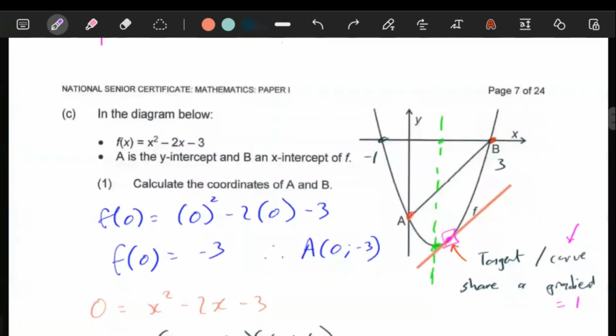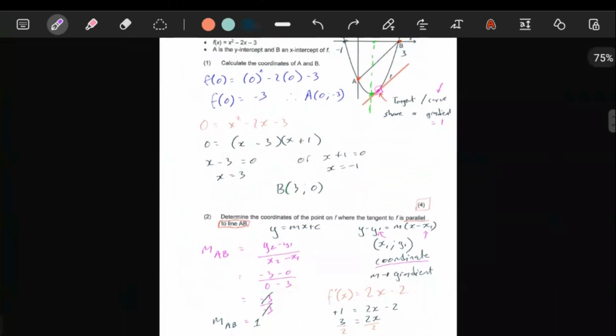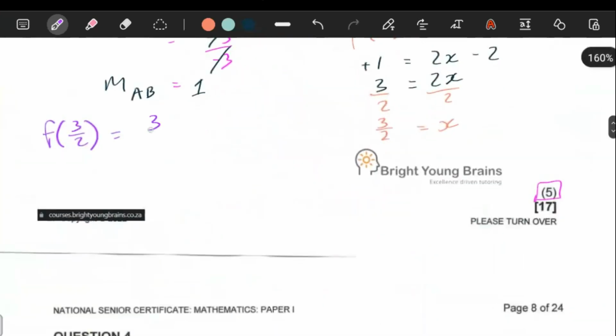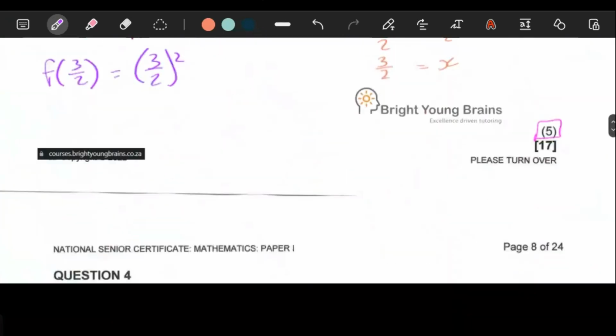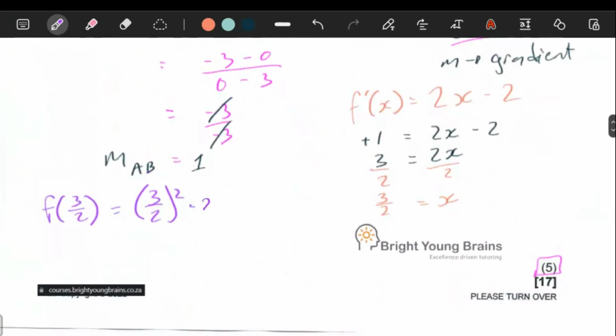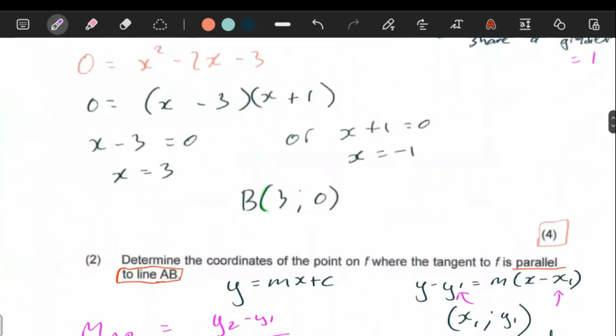So in our coordinate equation, let's see what we can do there. We're putting in 3/2 and 3/2. So this is 3/2 squared, and then another 3/2, and then here we have -3.